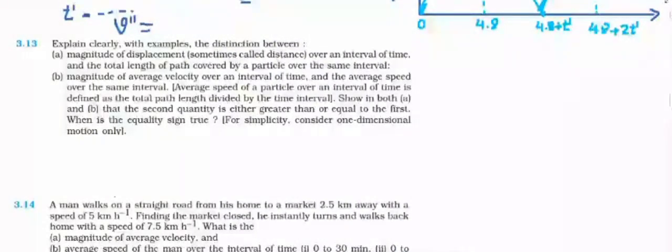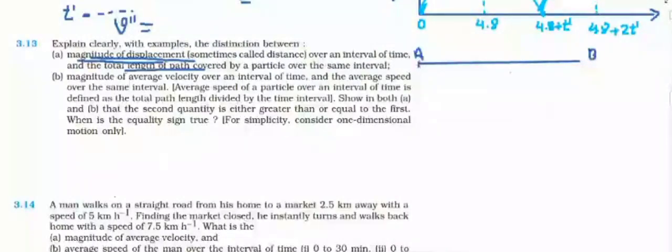So in straight line motion, magnitude of displacement and total length of the path will be equal, so long as the object keeps the direction. If the object returns back, the magnitude of displacement will always be less than the length of the path.